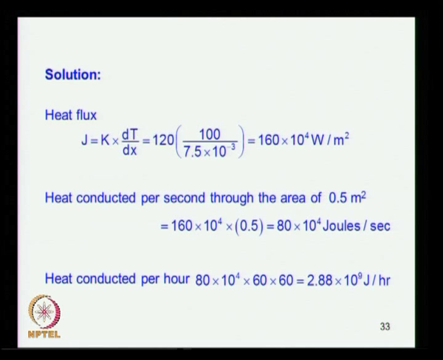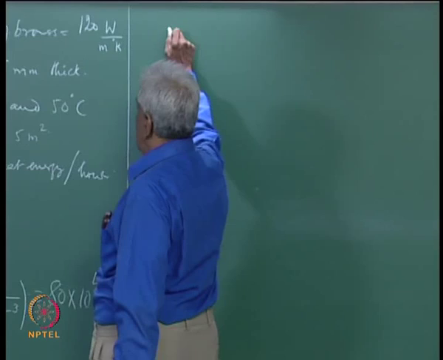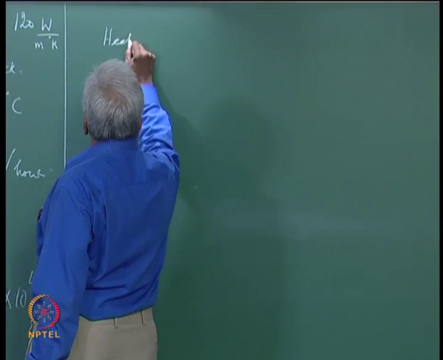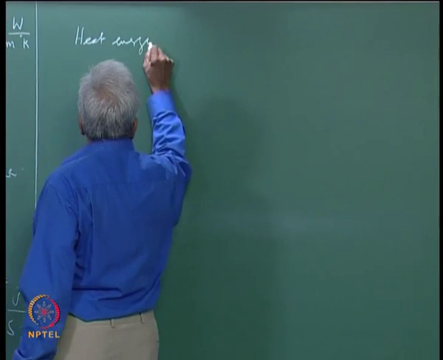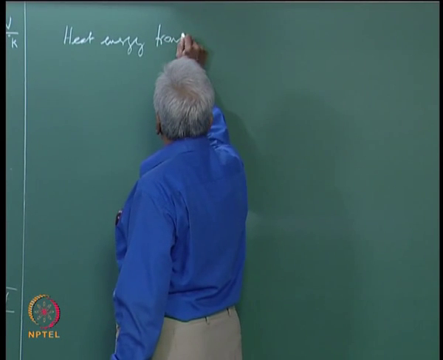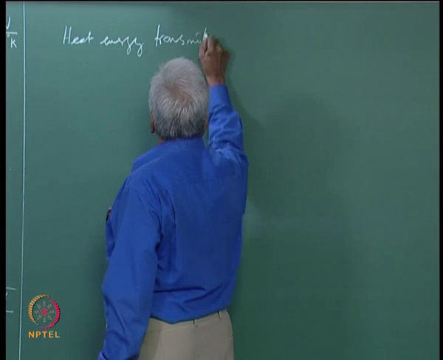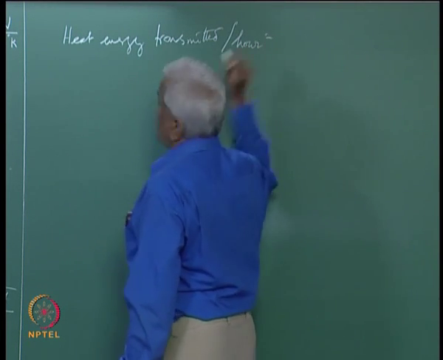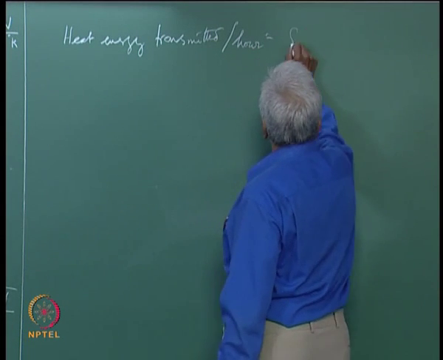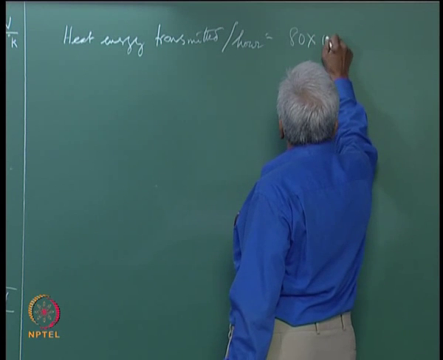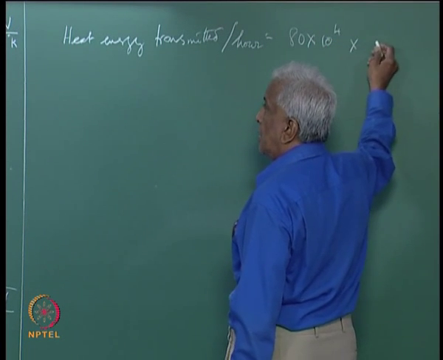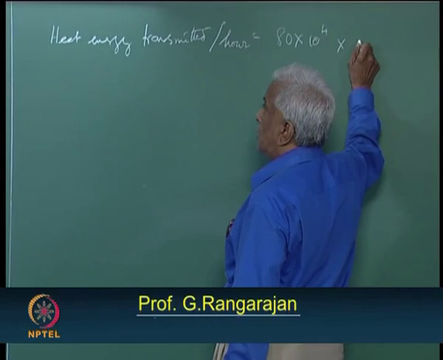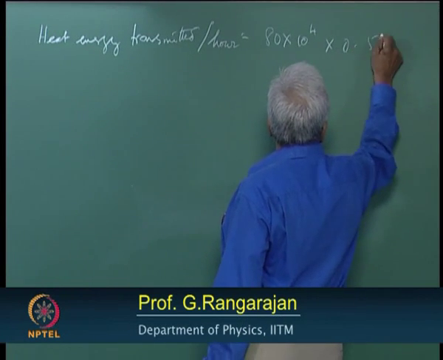And taking the area into consideration, the heat energy transmitted per hour is just this quantity into the area, which is 0.5.